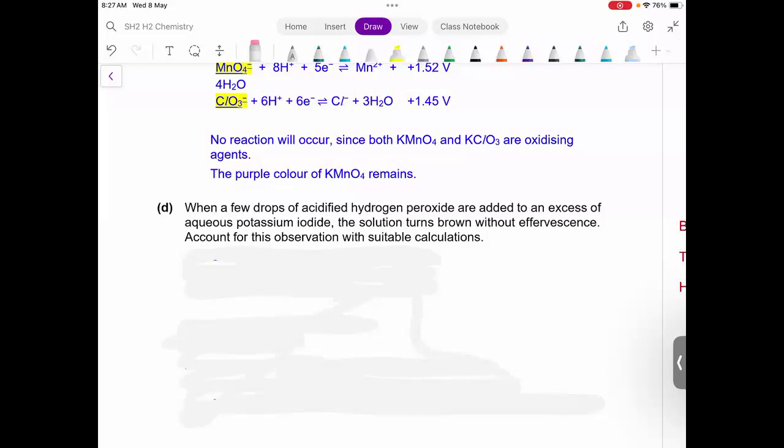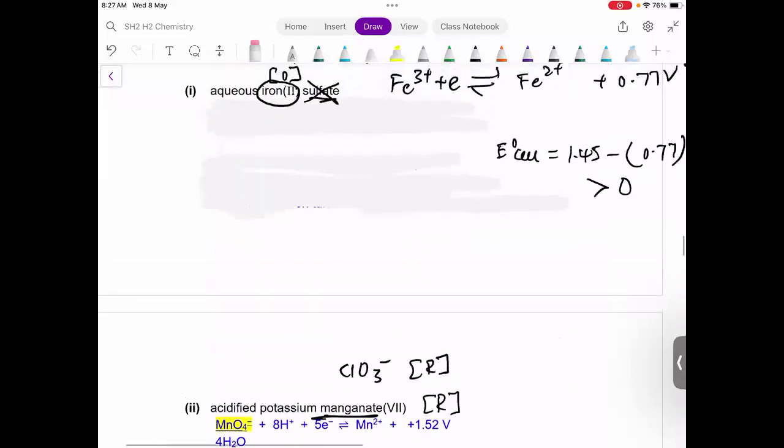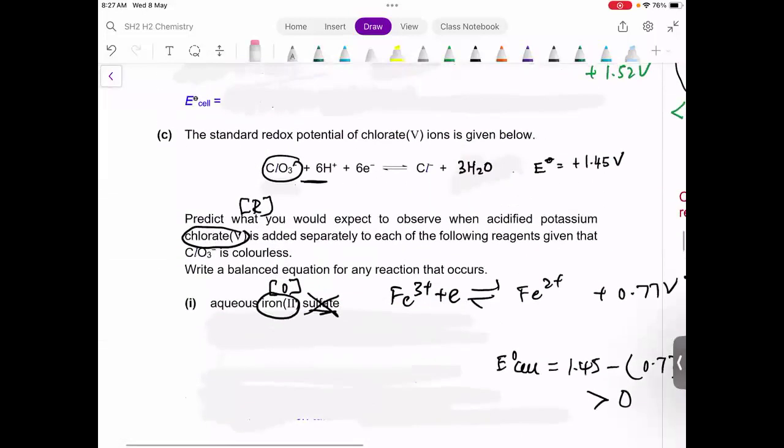Sulfate, SO4 2 minus, must be on the right side. SO2 gas is different from sulfate. Sulfate is plus 6, while SO2 is plus 4.